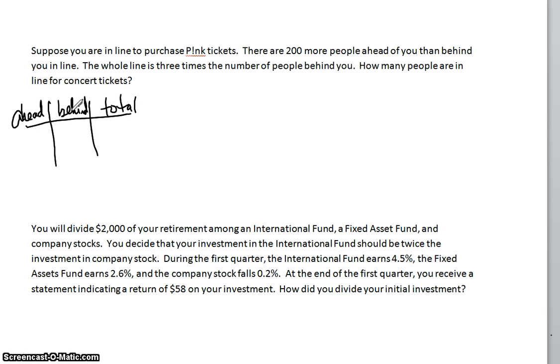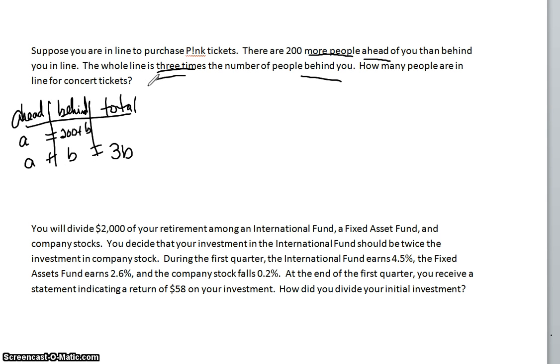Well, there are 200 more people ahead, so the ahead is going to be more than the behind. So the people ahead of me is going to be equal to 200 plus the people behind me. And then if I add up the people ahead plus the people behind, I get the entire line. The entire line is 3 times the number of people behind you. So that's going to be 3b.